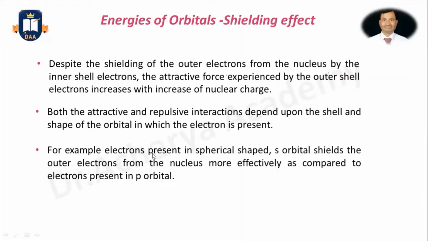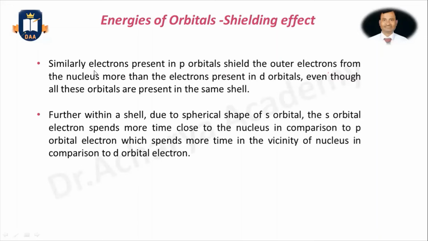The electron present in the s orbital shields the outer electrons from the nucleus more effectively than the electrons present in p orbitals. That means the electrons in the s orbital have more shielding power than the electrons in p orbitals.